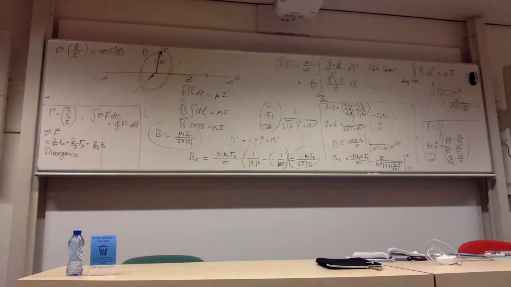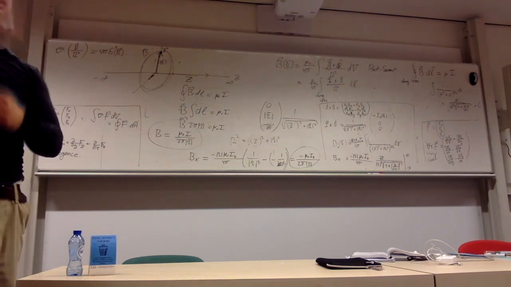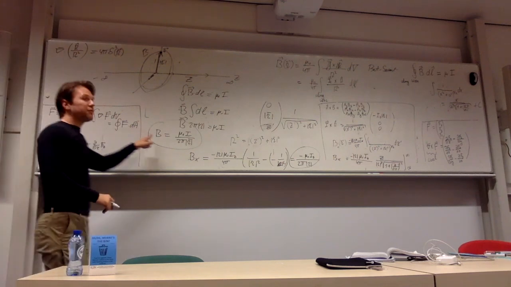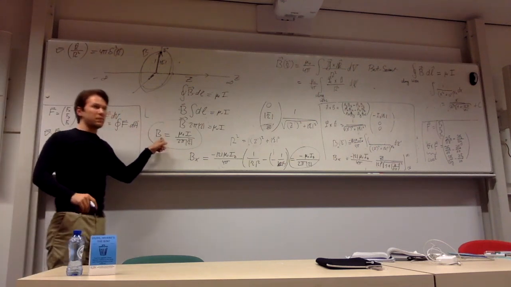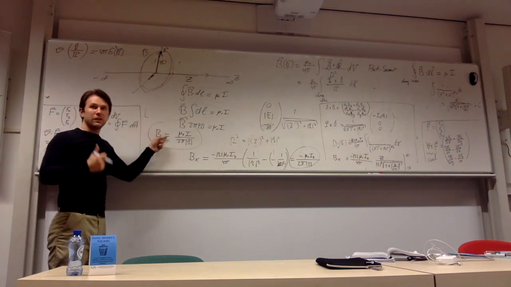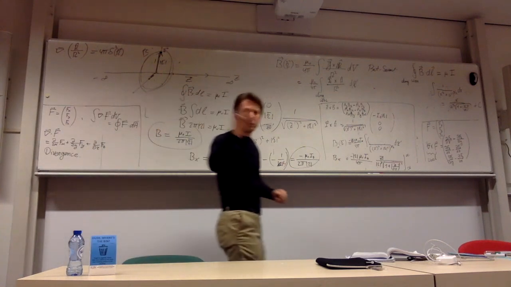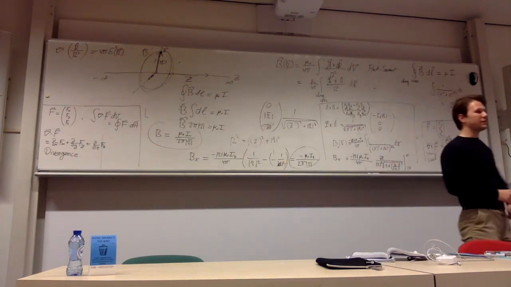I'm not sure where the minus went. Oh, yeah, it depends on if you walk around the thing in one direction or the other direction. What I only did was specify that the value should be the same everywhere. I did not say in which direction I look at it. So it just gives you the value and the direction in which it points. You have to use your right-hand rule to fix the minus sign.